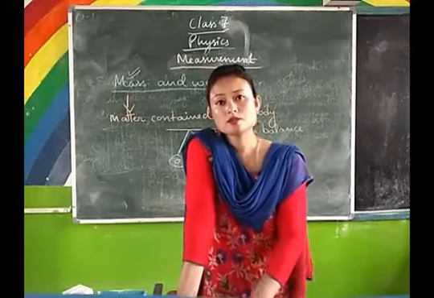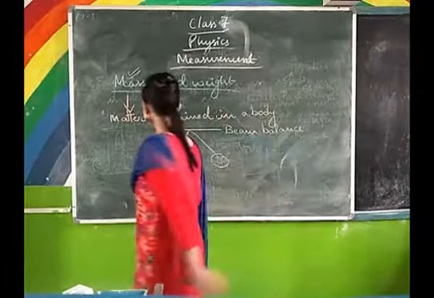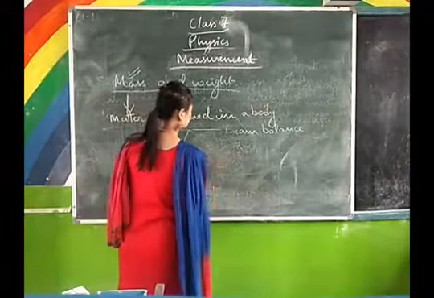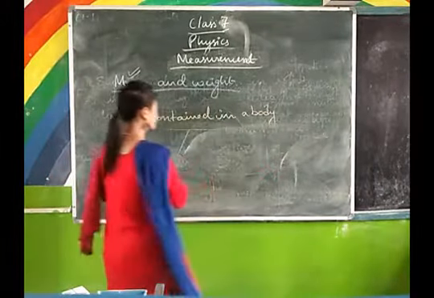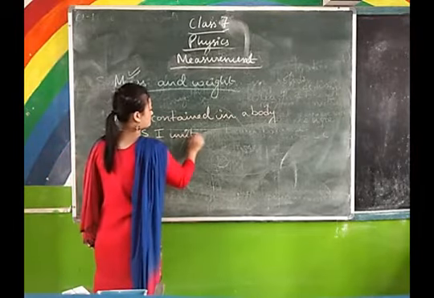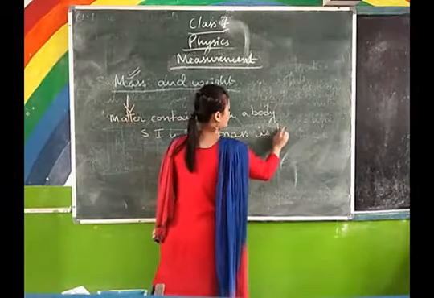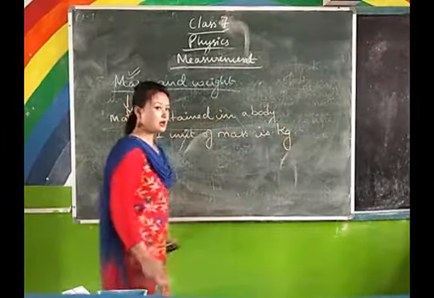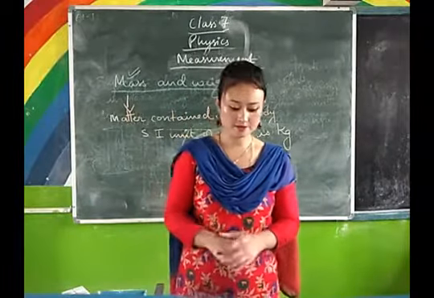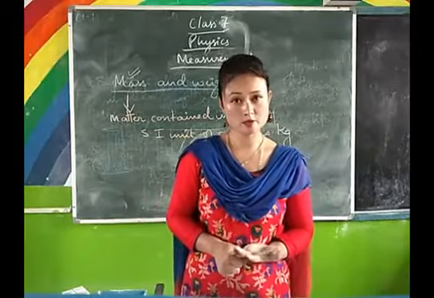And the SI unit of mass is kg. We discussed that mass does not change. So these are the facts of mass. Mass is the matter contained in a body.